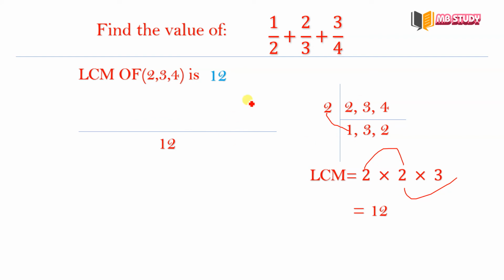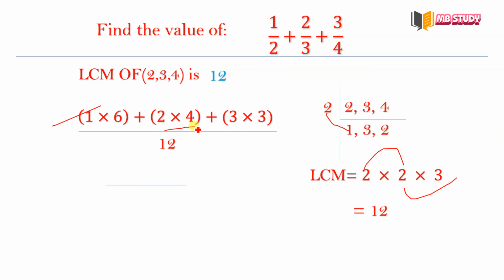Now we divide this LCM by all the denominators individually. 12 by 2 is 6, so the first one is 6 into 1. The second one, 12 by 3, is 4, so 4 into 2.